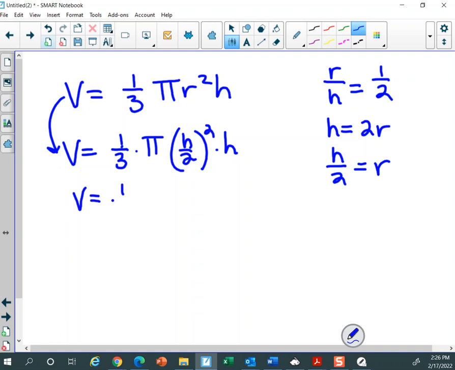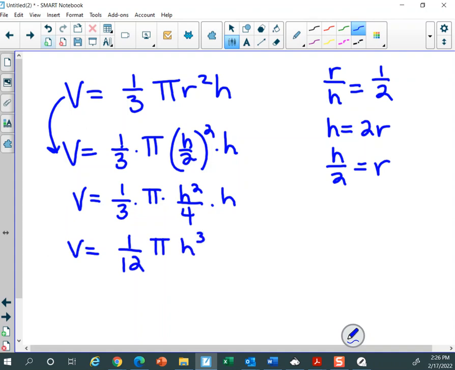And I'm going to clean this up a little bit. How about that's 1/3, that's a pi, that's an h squared over 4 with an h. So how about a 12th times pi times h cubed? That's an alternate way to find the volume at any given point on this cone.